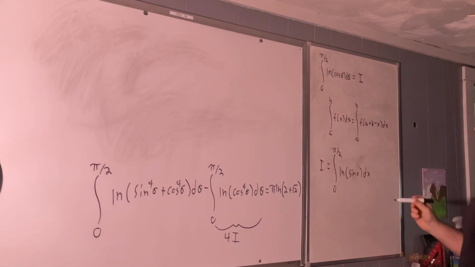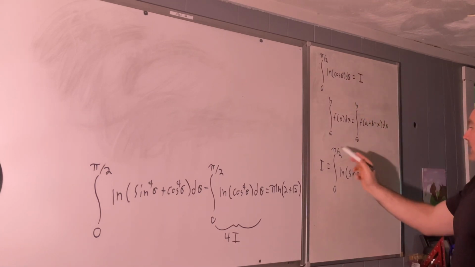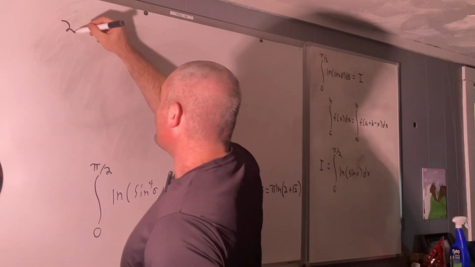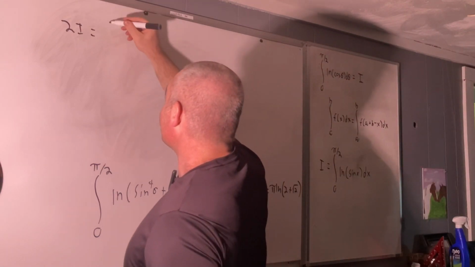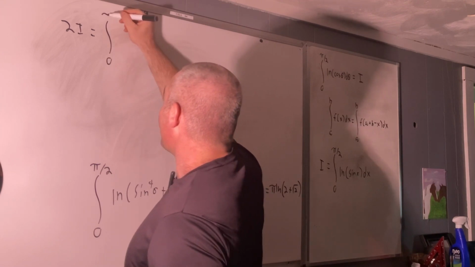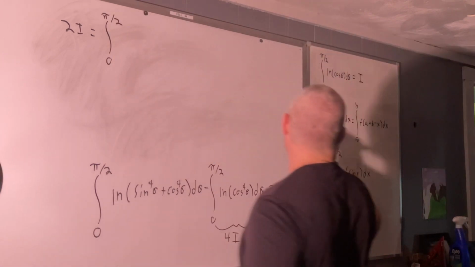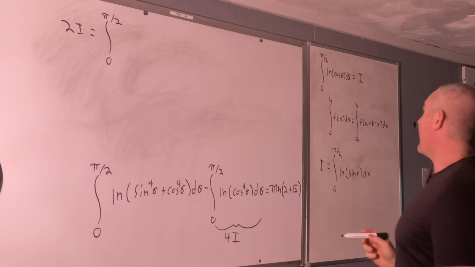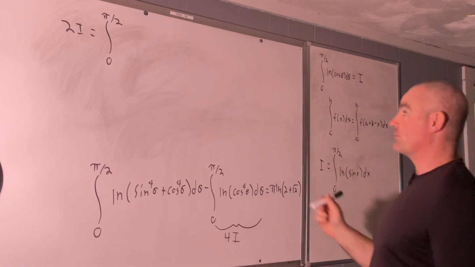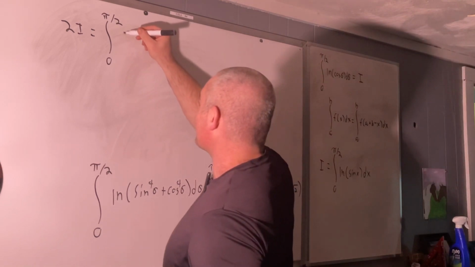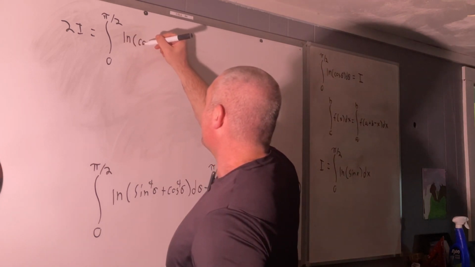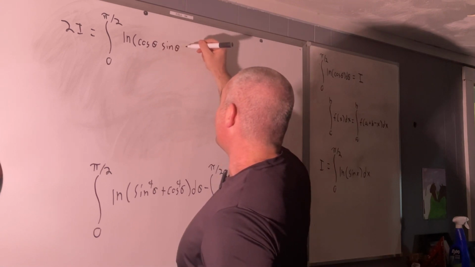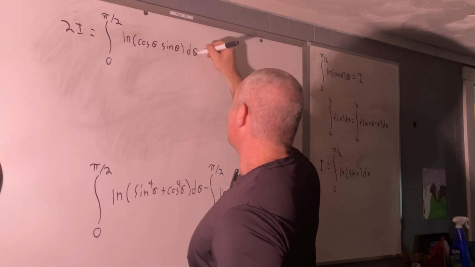Okay, so we have I is equal to this, and we have I is equal to this. Well, that means that 2I is equal to the integral from 0 to pi over 2 of this plus this. And using the properties of logarithms, this is the natural log of cosine theta sine theta d theta.